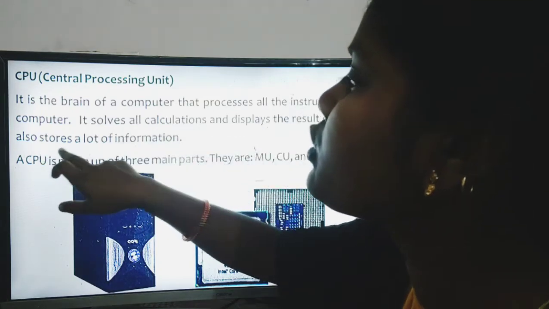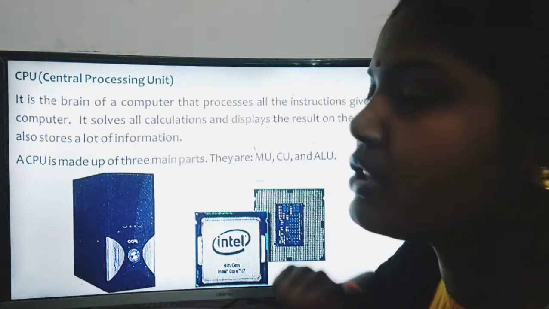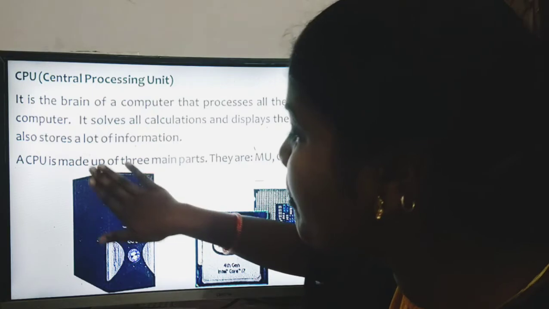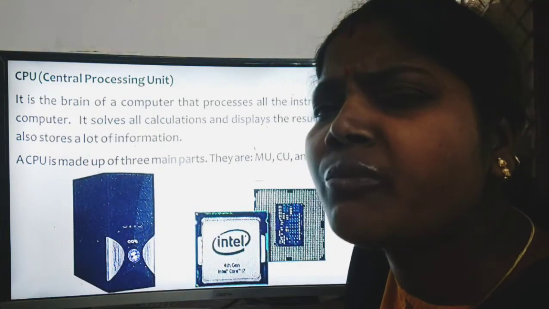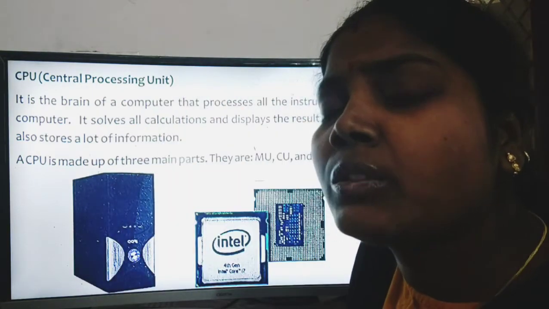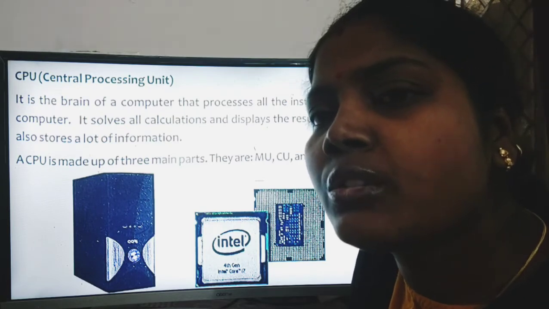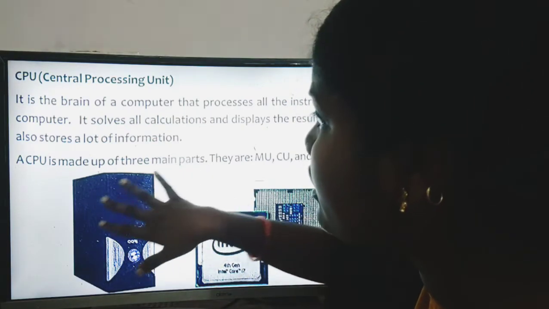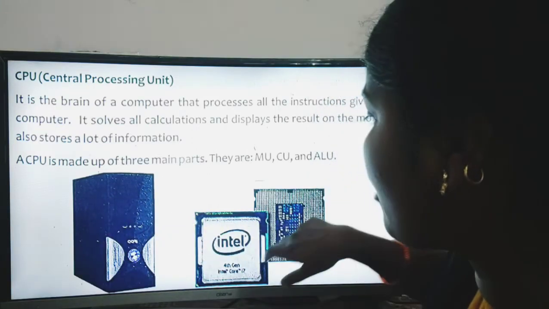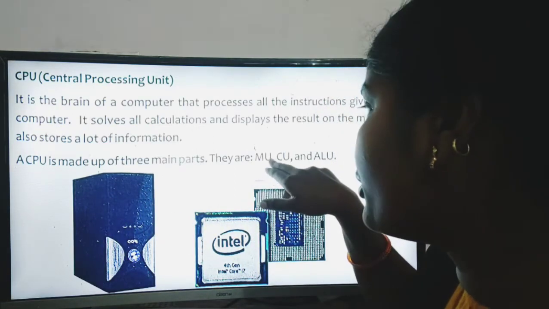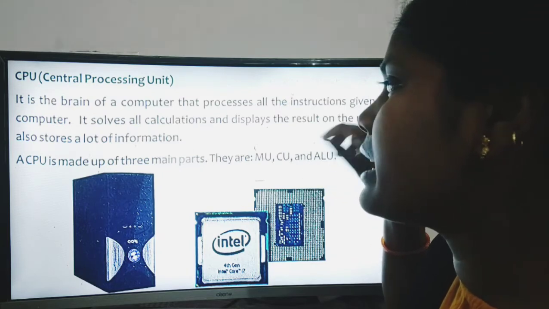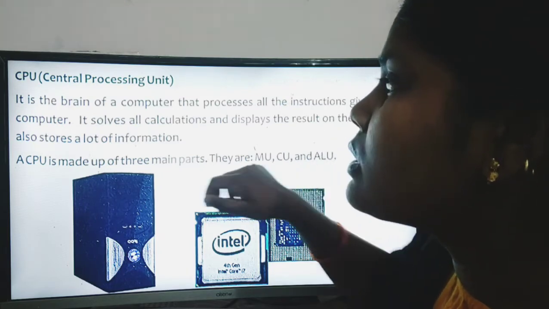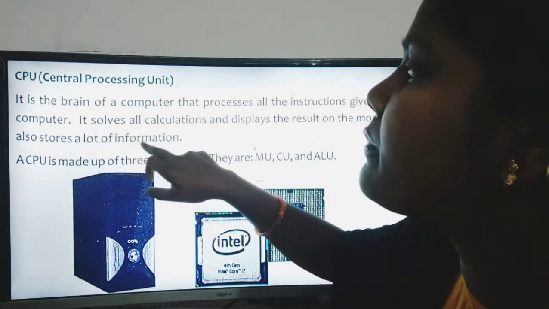It also stores a lot of information, and this is the main source of a computer. The CPU stores all the information in it. Inside the CPU we have the MU, CU and ALU.